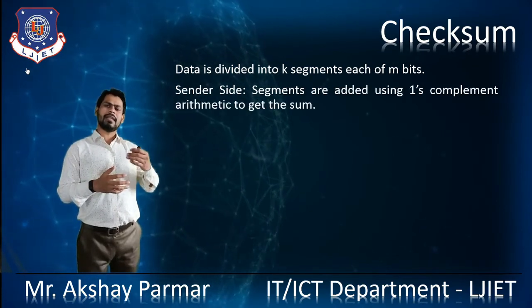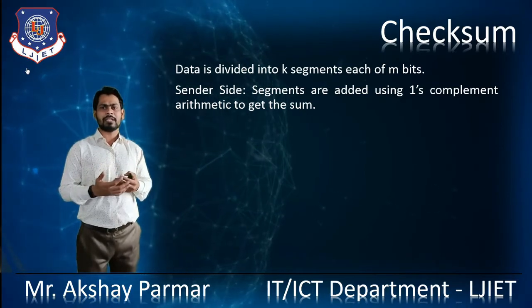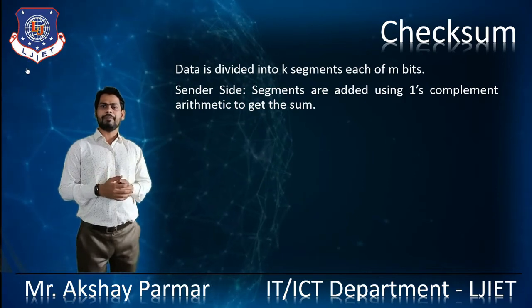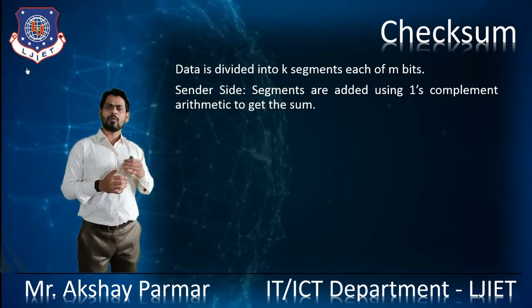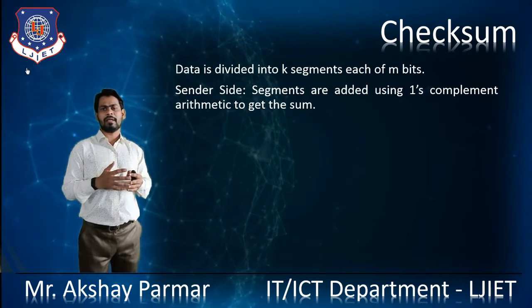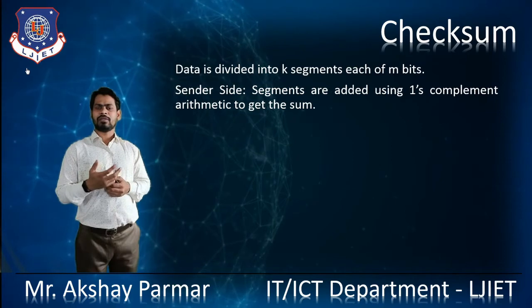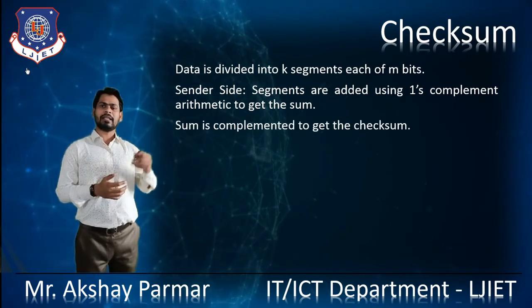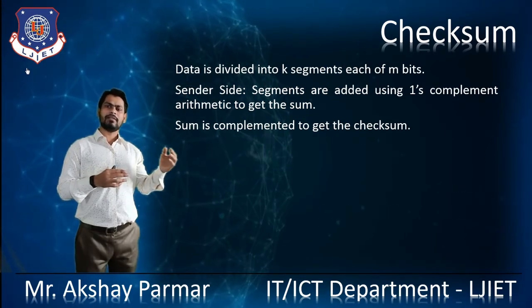Now, what tasks are performed at the sender side and what tasks are performed at the receiver side? Let's start with the sender side. At the sender side, the segments are added using ones complement arithmetic to get the sum. After getting that sum, the sum is complemented to get the checksum.